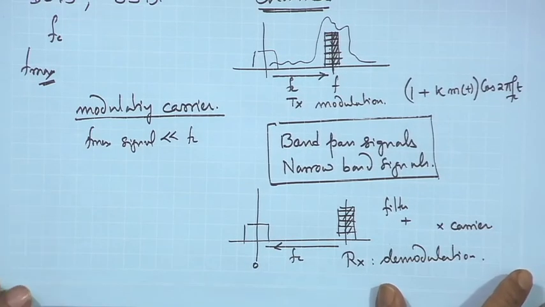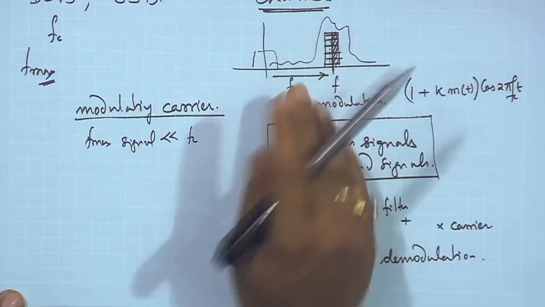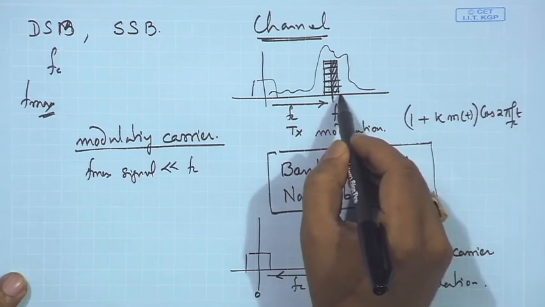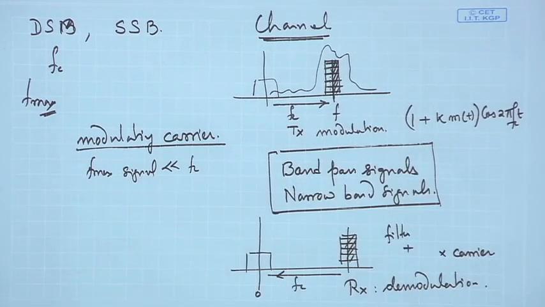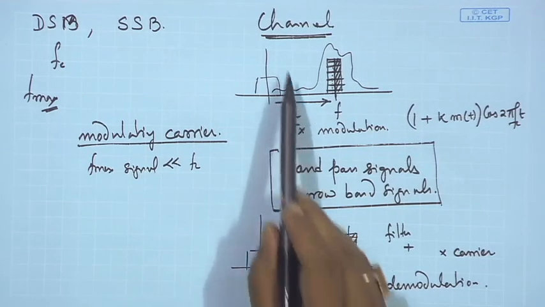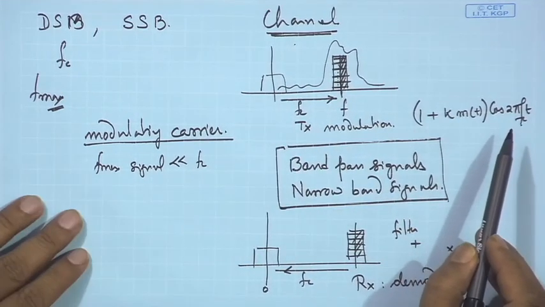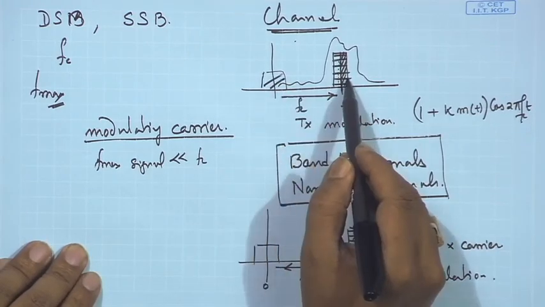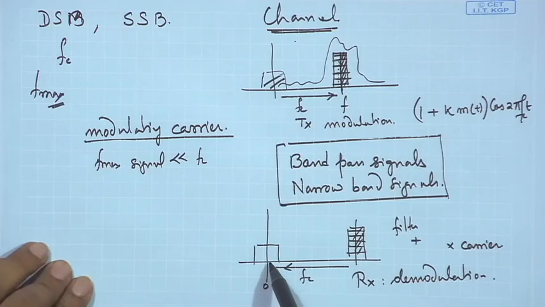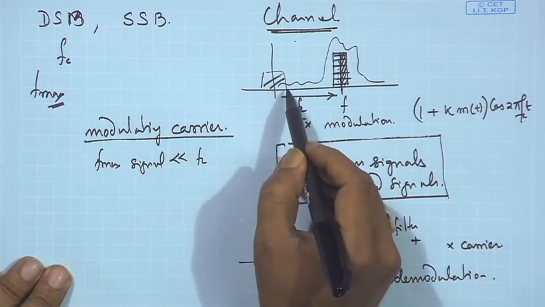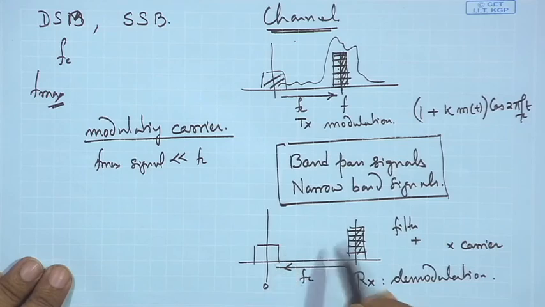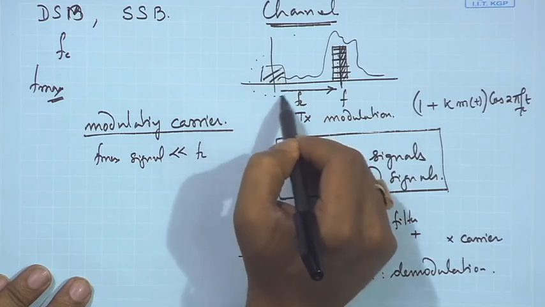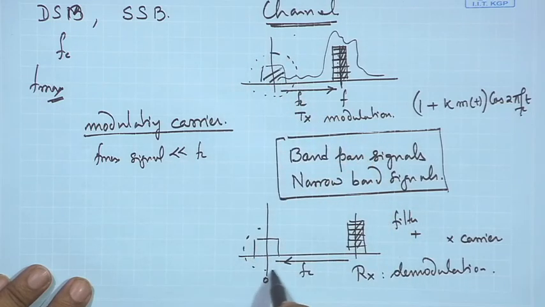So, what we are seeing is that we have told earlier also that these channels could have different bands which could be passing the signal. If that is so, then according to the channel, you would choose the different carrier frequencies. That means, you will be up converting the baseband signal to that particular frequency, and at the receiver you will be down converting. However, this up conversion and down conversion does not really impact the original signal which is of our interest, which is the information bearing signal.